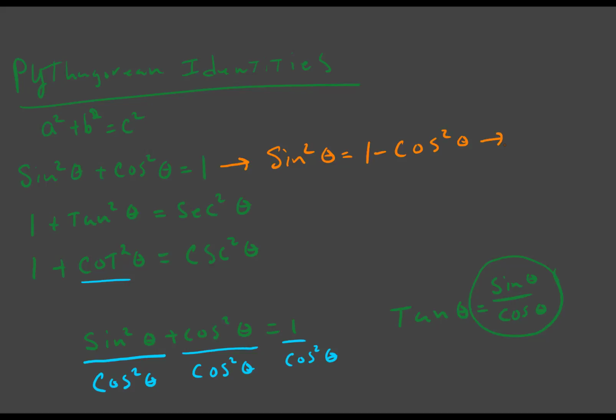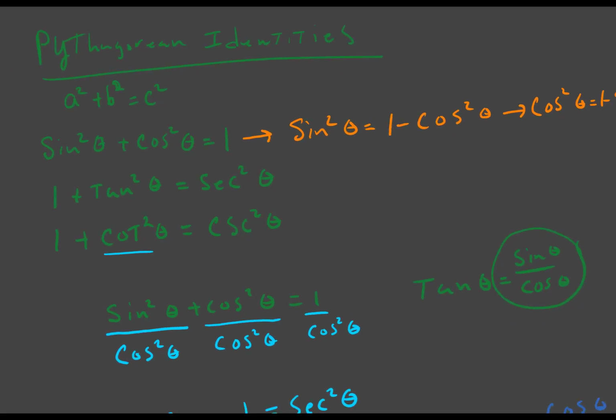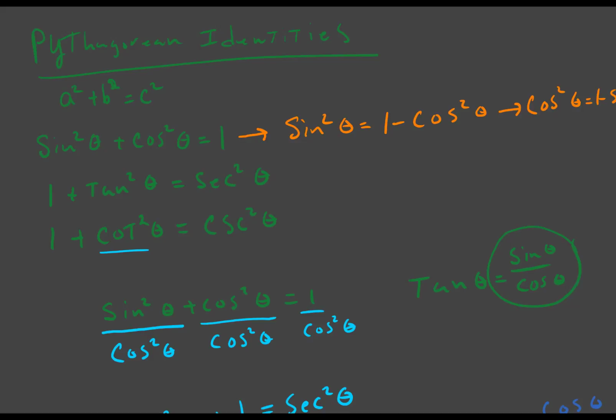Or, let's say we subtracted sine squared from each side, we would end up with cosine squared of theta equals 1 minus sine squared of theta. So you can see how this same process could be used to derive similar formulas for each of the other two identities.